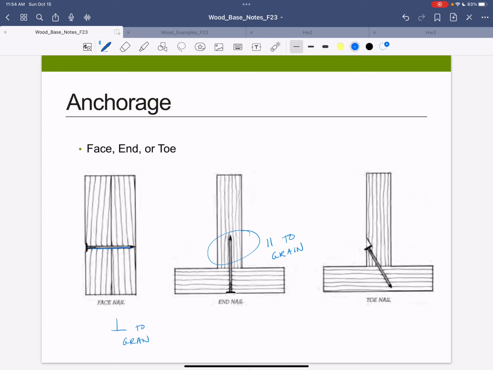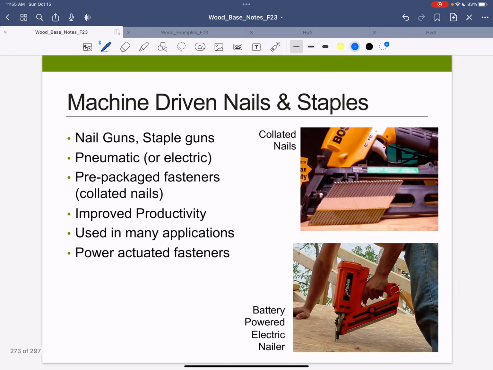And then what we call a toenail, where you're actually nailing in at an angle. Okay, so angle to grain. How effective you are at doing that decides whether you completely miss the toe or come close. You've got to get this angle pretty good to actually attach into both components. Okay, we'll just leave it at that.